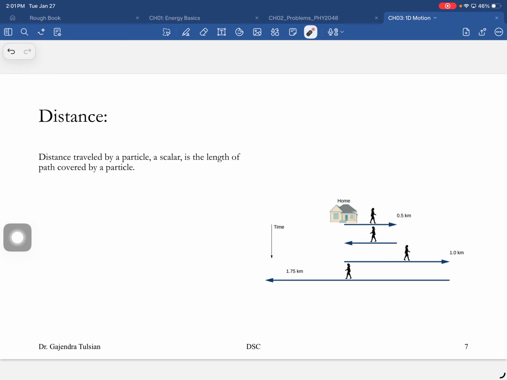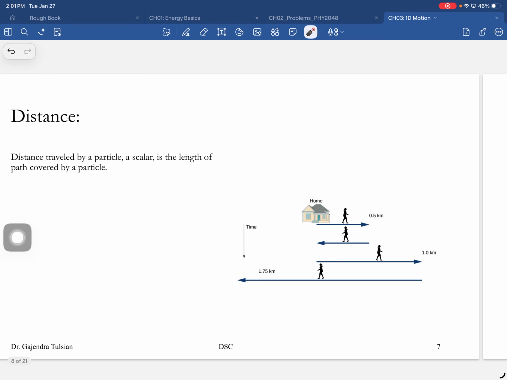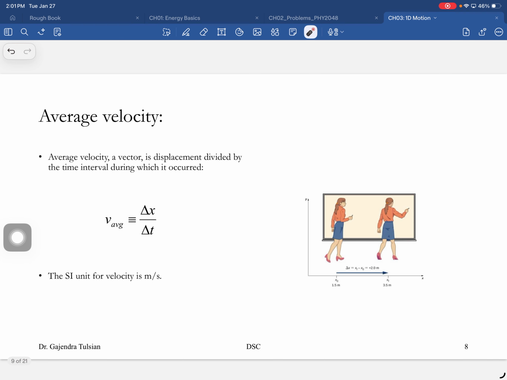For this walk, what is your average velocity? 0 meters per second. So average velocity is 0 meters per second. Average speed and average velocity are not related. And neither average velocity nor average speed provide details of the trip.